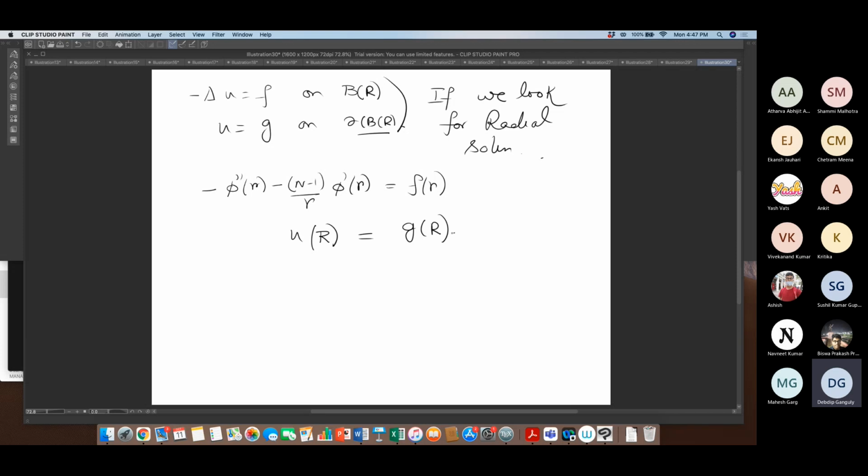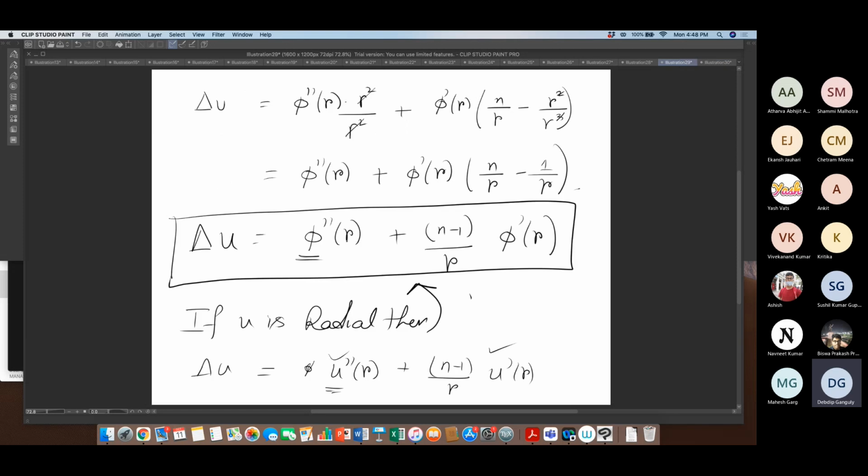Another thing it will be, right? So it will be u prime. This you will understand later. Because if you see this, r not equal to 0, then phi double prime of r plus (n minus 1) by r phi prime of r.